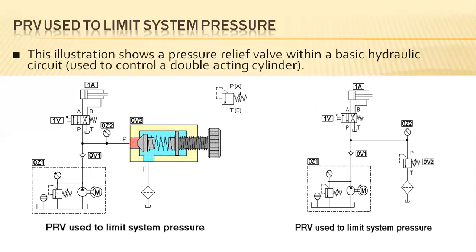with the hydraulic components. So here shows a pressure relief valve in a basic hydraulic circuit which is used to control the double acting cylinder. With a double acting cylinder, we are all aware that it has both the forward stroke and the return stroke as well. Within the oil reservoir, we are all aware of the pressure head or inlet pressure head.